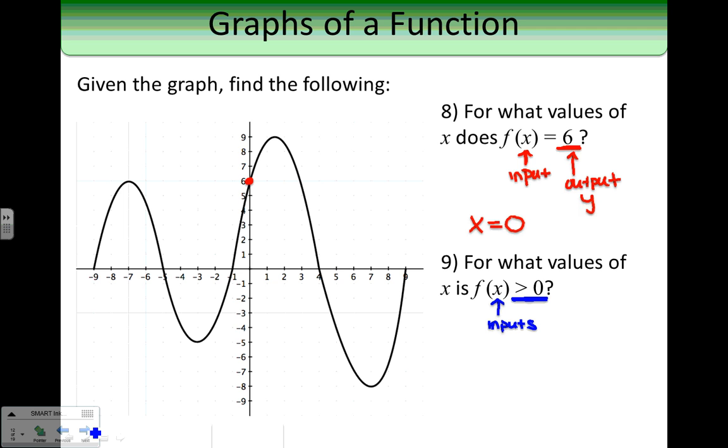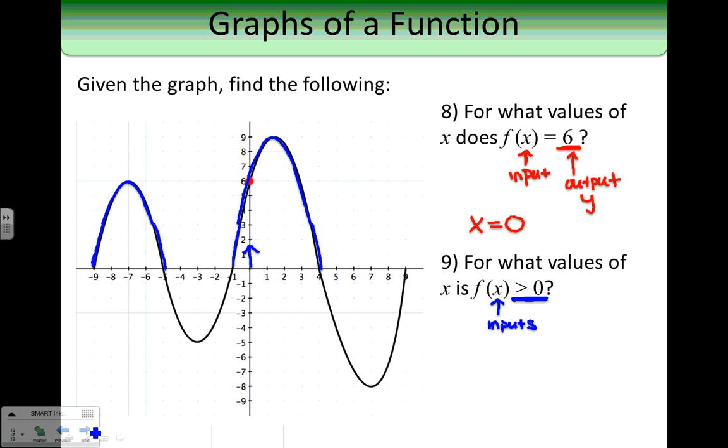So here, this way, is all of my y values that are greater than 0. So you can see that the graph is greater than 0 in 2 different places, here and here. So what are the x values that correspond to that graph being greater than 0?